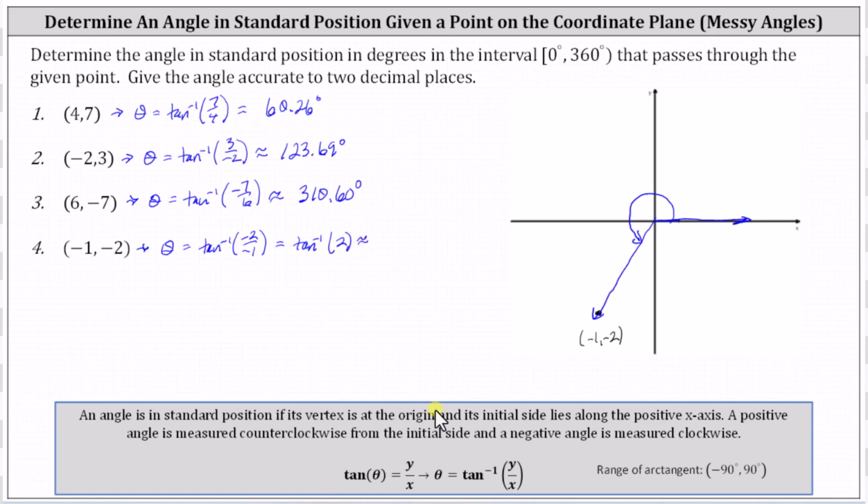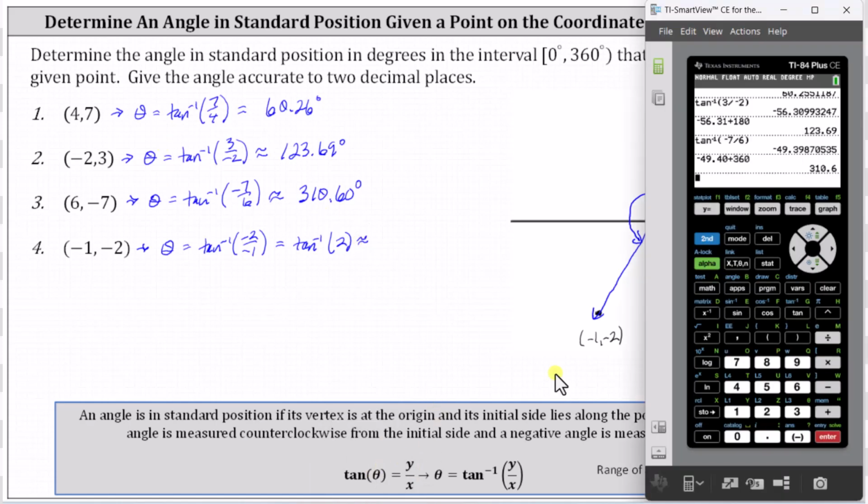Going back to the calculator, we enter second tangent 2, close parenthesis, and enter. Once again, the calculator is not giving us the angle we want. The angle of approximately 63.43 degrees is in the 1st quadrant, not in the 3rd quadrant, but 63.43 degrees would be the reference angle in the 3rd quadrant.